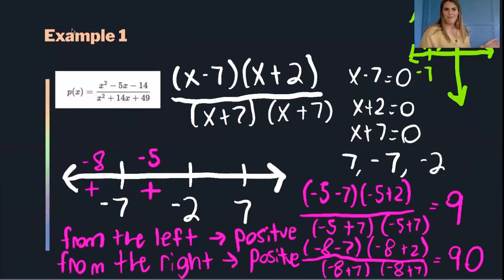Both of those sides are coming from the positive numbers. I just don't know exactly what that looks like. It could look like this. I just know that we're living in positive land above that x-axis for those intervals. This is just a tool to help us graph and know exactly what the function is doing. These are the patterns that you can also use to solve problems if you're using functions like this in real life scenarios.